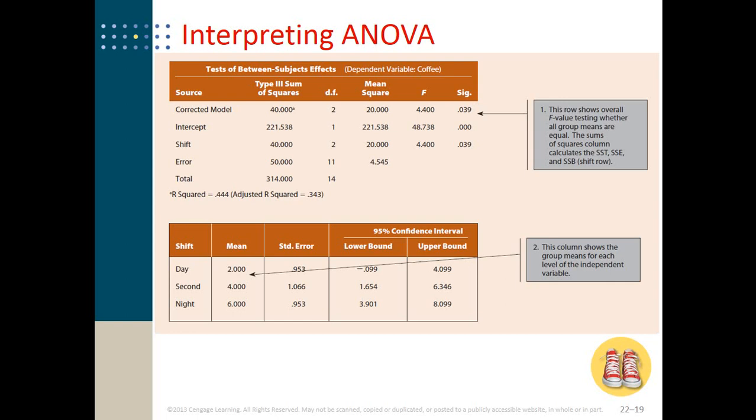So that's the statistical interpretation. And for the non-statistical interpretation, you should write that the mean of this variable is this, the mean of this variable is this, and the mean of this variable is this. So they are not the same, and there is a significant difference between the means of these groups.